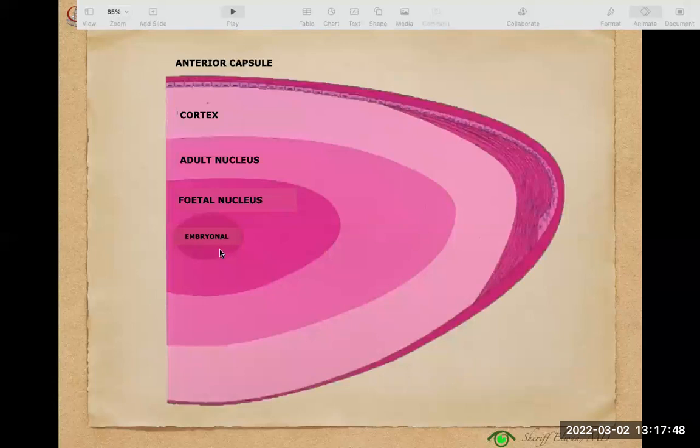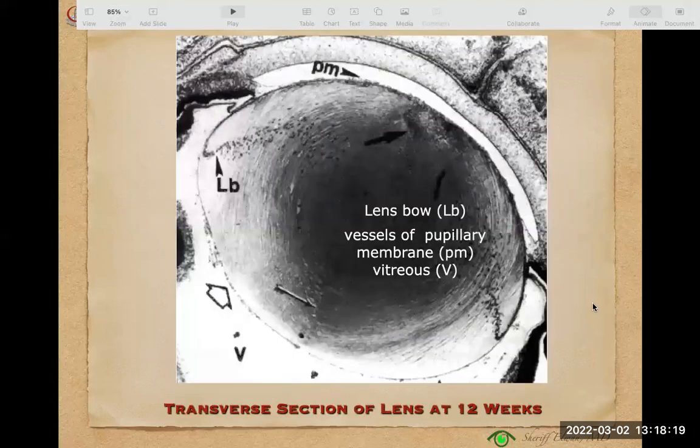So with development, the embryonal fibers are to the inside, compressed to become the embryonal nucleus, and then the fetal nucleus, then the adult nucleus, then the cortex, which is to the outside. And as you can see, the capsule at the outside, anteriorly, the epithelium is still there, forming all the time lens fibers with nuclei that become compressed to the inside to form the nuclei.